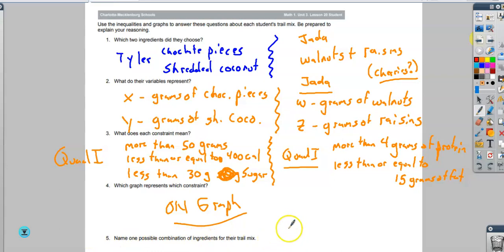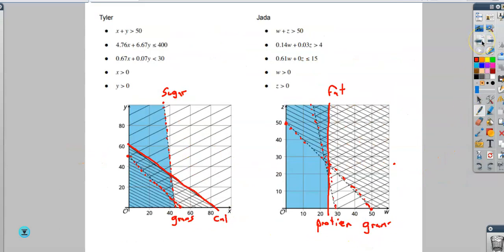Name one possible solution for each one of them. So again, for Tyler, for Jada, we're going to do one possible solution. Look back at the graph or look at your other page where the graph is. Remember we said this is the region. So I'm going to change my color again. I'm going to take a nice easy point to be a possible solution, and that's 20 and 40.